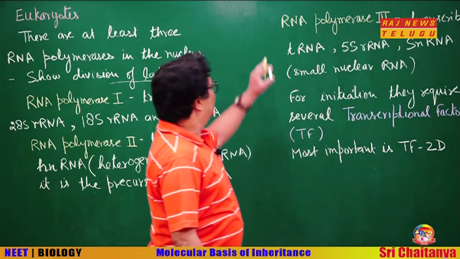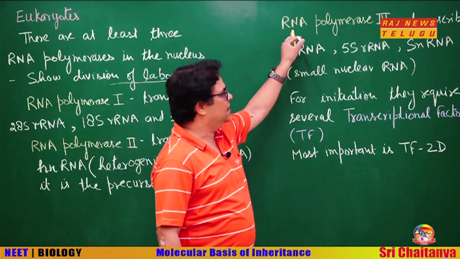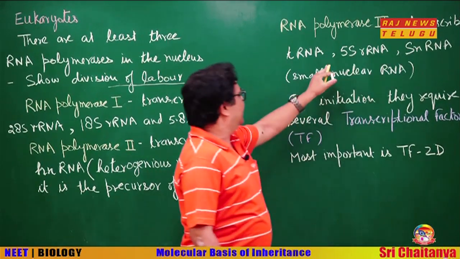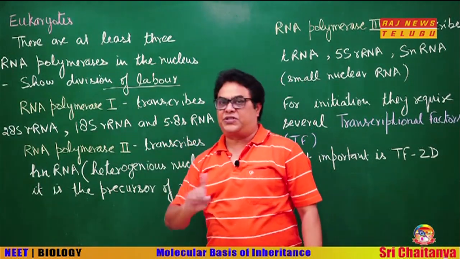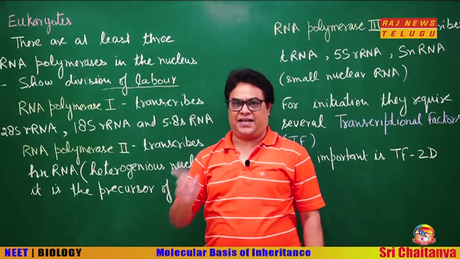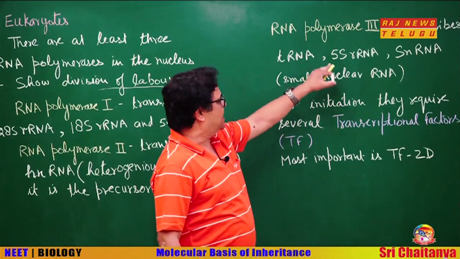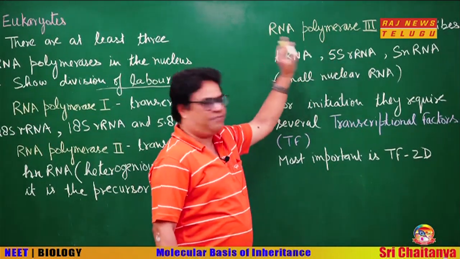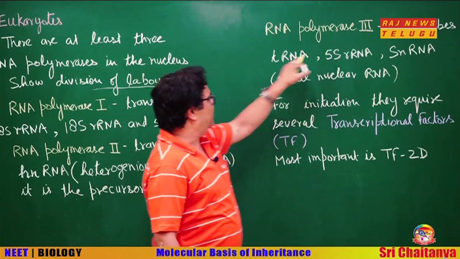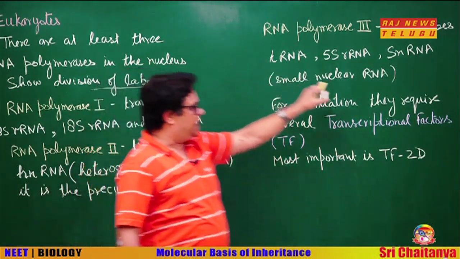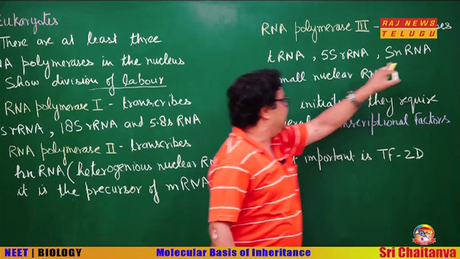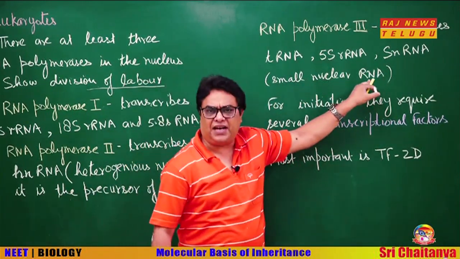Now, RNA polymerase third transcribes the 5S rRNA. Remember that RNA polymerase first was not transcribing the 5S rRNA. So, this 5S rRNA is synthesized by RNA polymerase third. Apart from that, it synthesizes the transfer RNA, tRNA, and it also transcribes snRNA, small nuclear RNA.